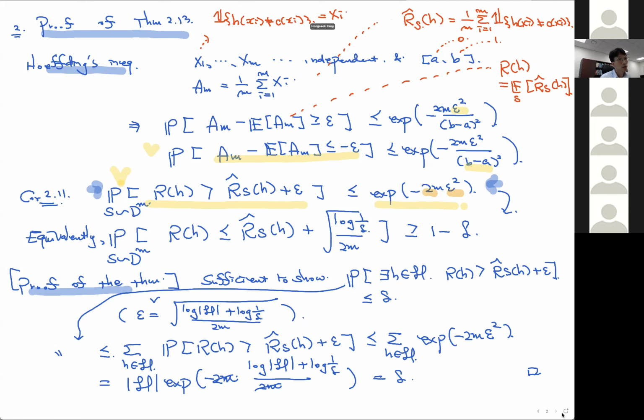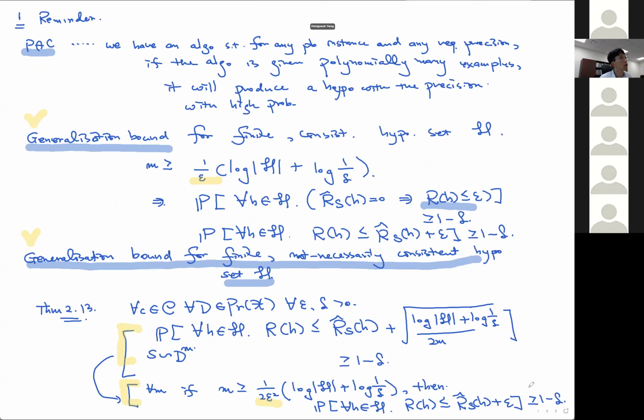Now this is a general bound, and many of the generalization bounds that you will encounter will have a similar form. What's the use of this generalization bound from the algorithmic perspective? What this tells us is that if we have enough samples, with very high probability our proxy, which is the empirical risk, can tell us quite a bit about what's really going on in our real target, which is R of h.